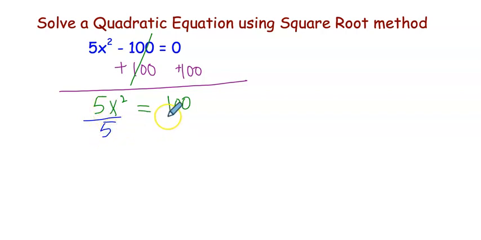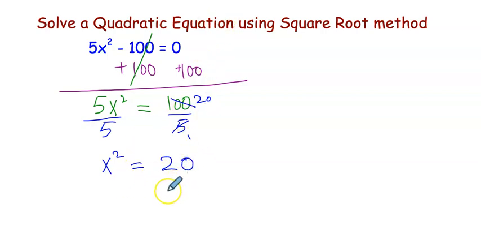So let us divide by 5 on both sides, so the 5 and 5 cancel off. 1x squared is x squared. 100 divided by 5 is 20. So x squared is equal to 20.